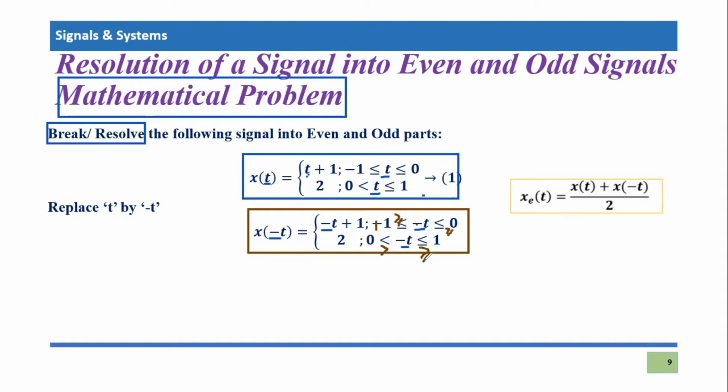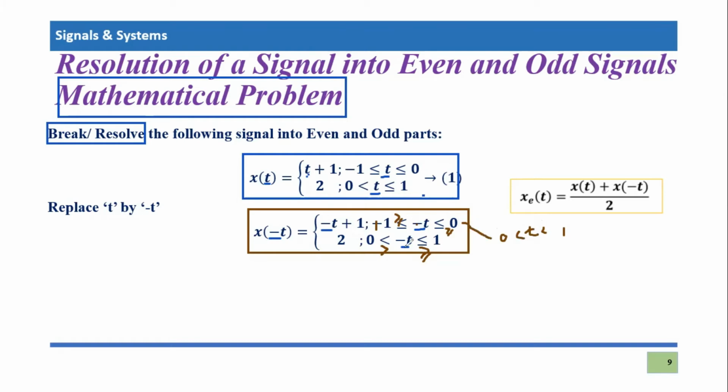So if I modify the signal's value, the signal's value will be minus t plus 1 for the interval when t is between 0 and 1, with t somewhere in the middle. This is the first part of the definition, and that will be the modified interval.